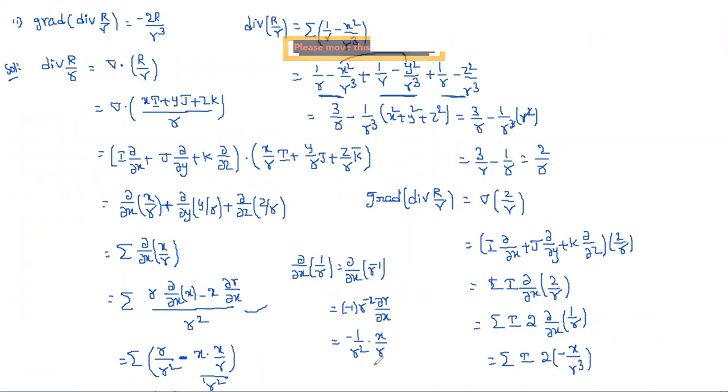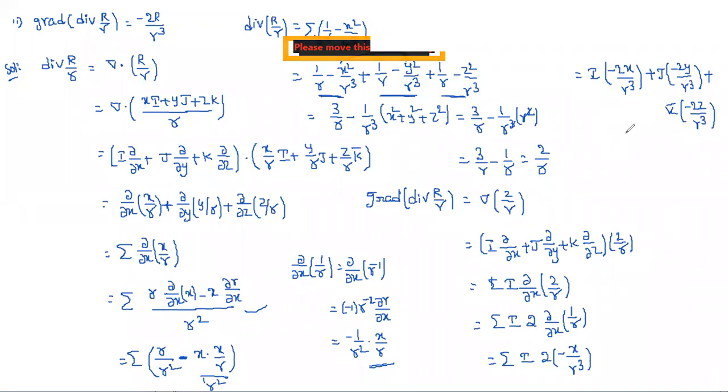Now you can expand this summation. If you expand it, what will we get? i into minus 2x by r cube, and next plus j into minus 2y by r cube, plus k into minus 2z by r cube.